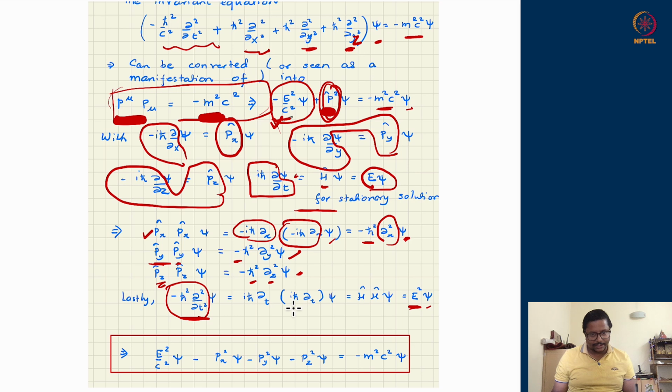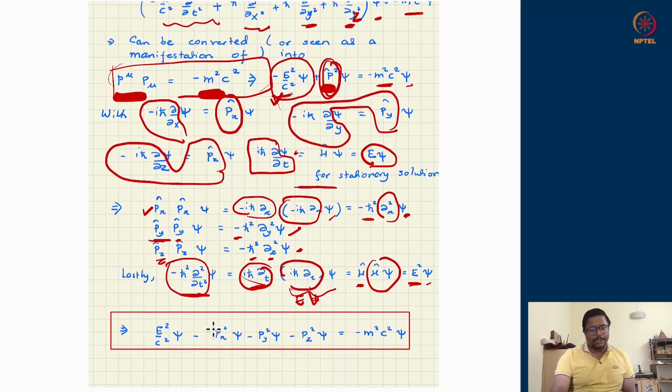You can verify that I have written iota h bar del t twice, and iota h bar del t itself is equivalent to the Hamiltonian, so it is h psi, and this becomes a new wave function, an eigen wave function, let us say e psi. E will come out, and the Hamiltonian will hit again, and another e will be popped out, so e square psi.